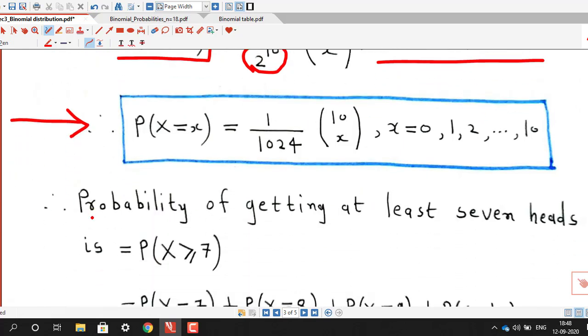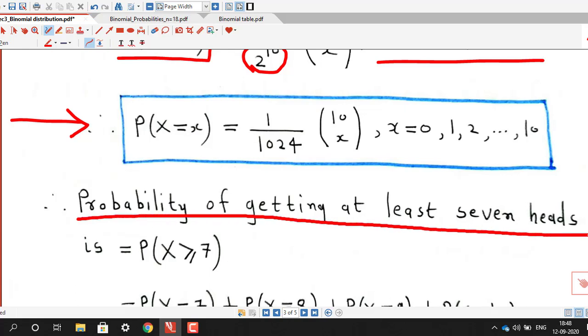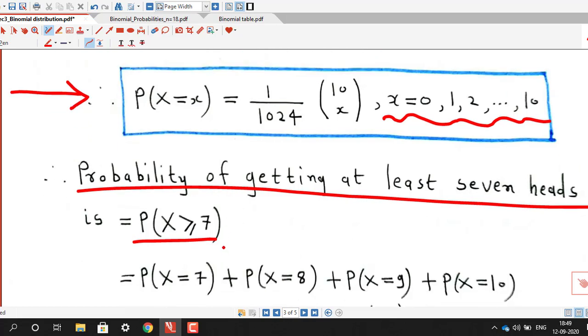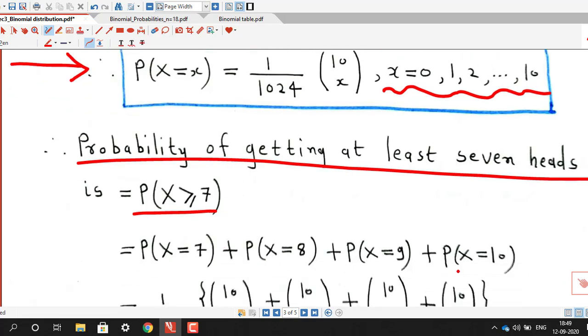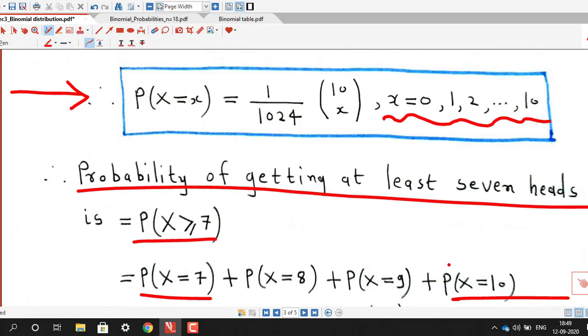Now we are asked to find the probability of getting at least 7 heads. That is nothing but the probability that capital X is greater than or equal to 7. And possible values of x are 0, 1, 2 up to 10. So the probability that x is greater than or equal to 7 means we have to go up to 10 starting from x equal to 7. So probability that x equal to 7 plus x equal to 8 plus x equal to 9 plus x equal to 10.